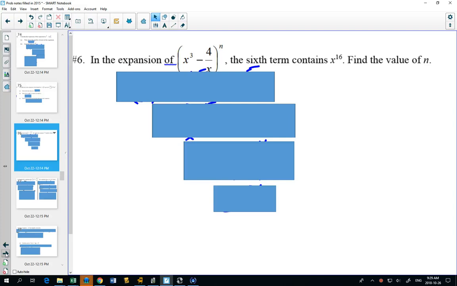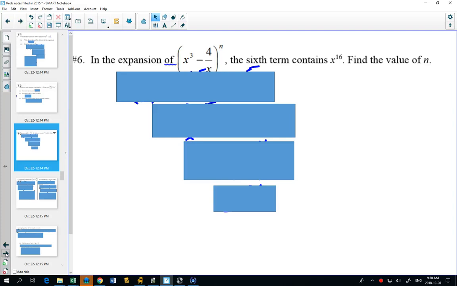The expansion of this, the sixth term contains x to the 16. Find the value of n. Now, in your grade 12 course, never were you asked to solve for the exponent. So right away, this is a little bit different. But we can still go about this the same way that we've always done.